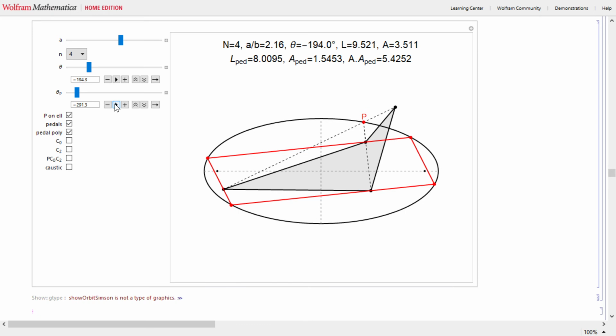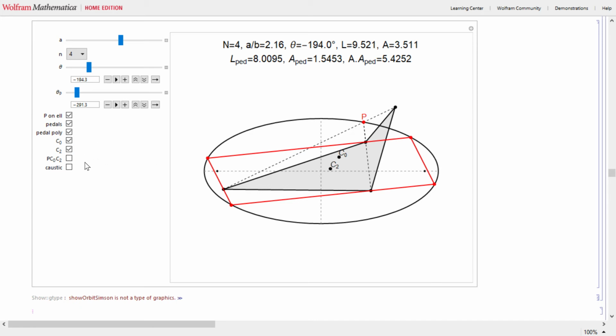Now, let me go ahead and draw the average of these 4 vertices of the pedal polygon. Let's call this C0. This is the vertex centroid. And I'm going to also draw the center of this wedge-shaped region, so the area centroid of this pedal polygon.